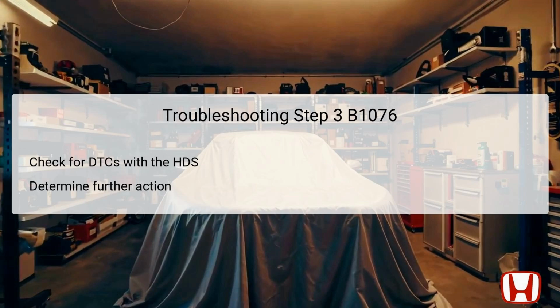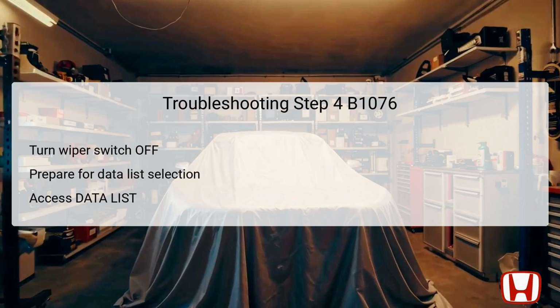Taking note of these outcomes is essential for guiding the next steps in the troubleshooting process. Next, ensure that the wiper switch is turned off before progressing. This ensures that the system is in a neutral state, preventing unintentional activation during diagnostic checks.